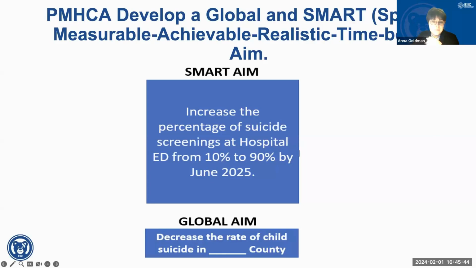You see here the SMART aim that has a percentage. For example, this is how we know we're succeeding or not succeeding. It has a date, and it has a particular institution, a hospital here, which we didn't identify, but they did. And it has the what, right? The suicide screenings. So it has all the elements in there.